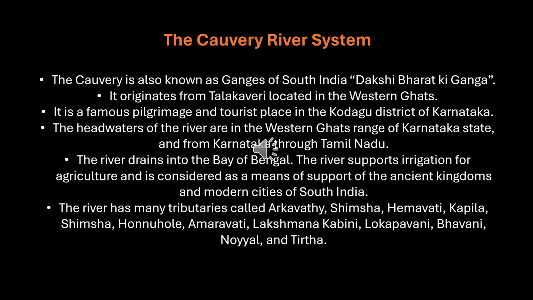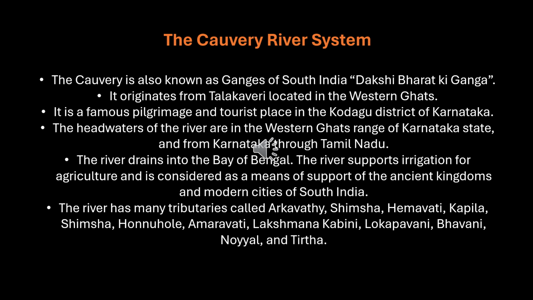The Kaveri River System. The Kaveri is also known as the Ganges of South India, Dakshin Bharat Ki Ganga. It originates from Talakaveri located in the western Ghats. It is a famous pilgrimage and tourist place in the Kodagu district of Karnataka. The headwaters of the river are in the western Ghats range of Karnataka state, and it flows from Karnataka through Tamil Nadu. The river drains into the Bay of Bengal.